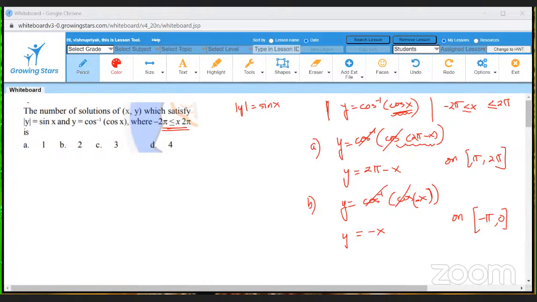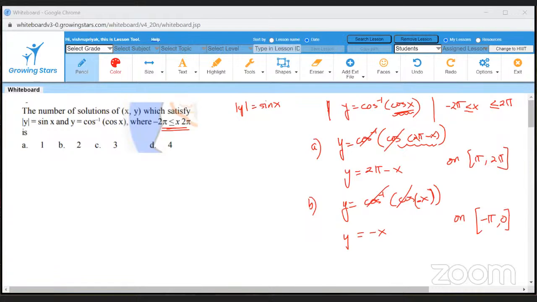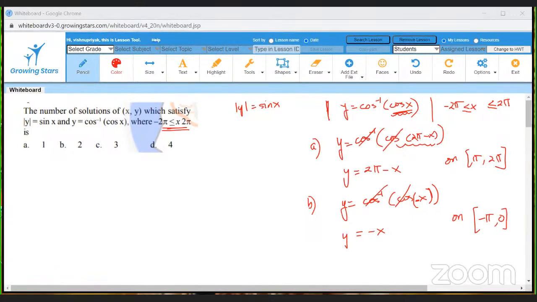Another way of writing is to take different parts of the interval: 0 to pi, then pi to 2 pi, minus 2 pi to 0. Like that you can take it in many ways.